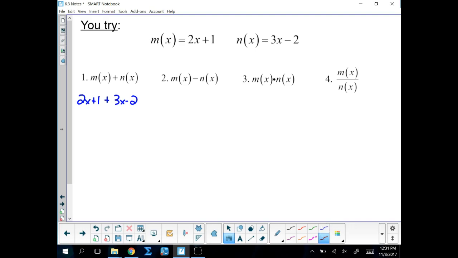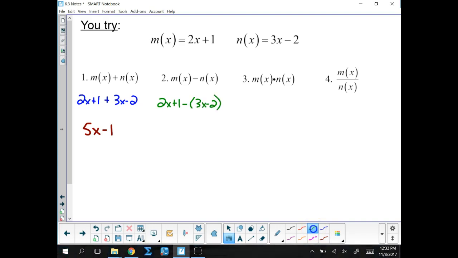I get, for adding the two functions, 5x minus 1. Subtracting the two functions, I get negative x plus 3.